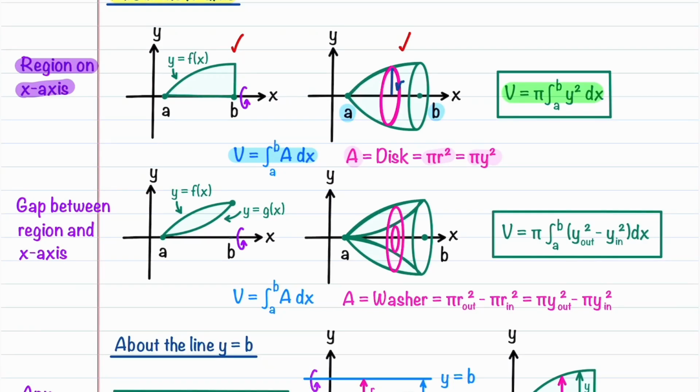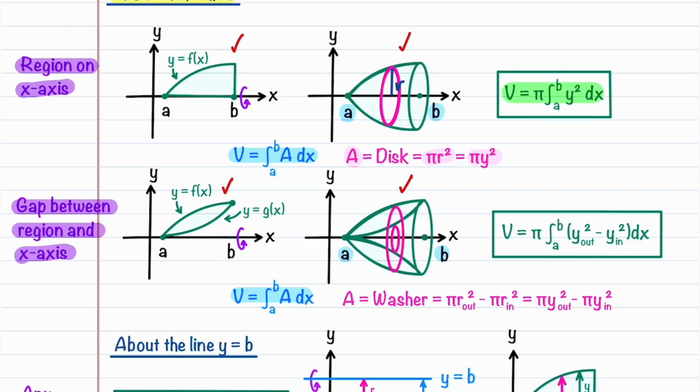In our next diagram, we have a gap between our region and the x-axis. When we rotate this region about the x-axis, we get a solid of revolution that has circular cross-sections called washers. Just like with disks, the volume of this solid is equal to the integral of this cross-sectional area from x is equal to a to x is equal to b.